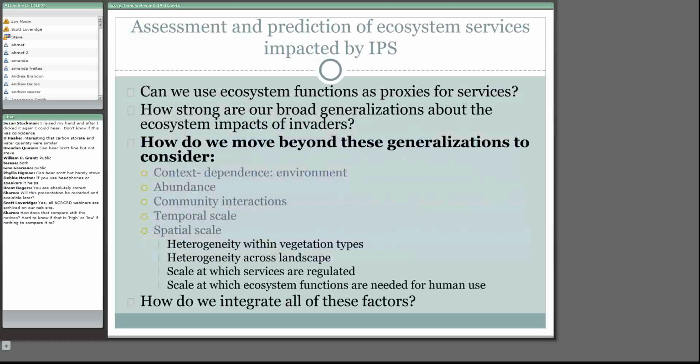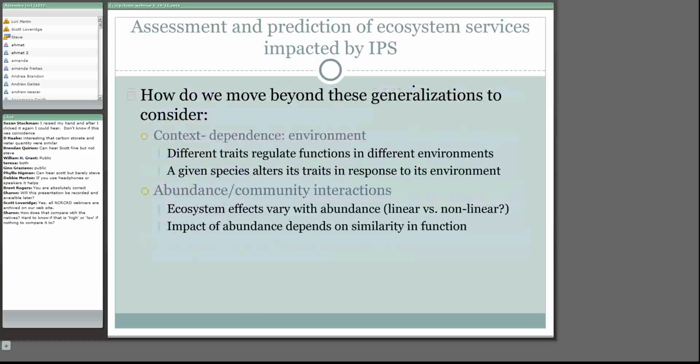So I'm going to talk about some of the more specific examples of moving beyond generalizations. If we look at context dependence, in this case environment, different traits regulate functions in different environments. A given species alters its traits in response to its environment.